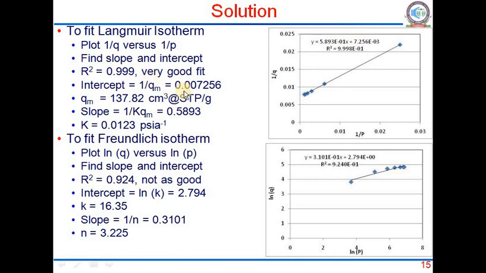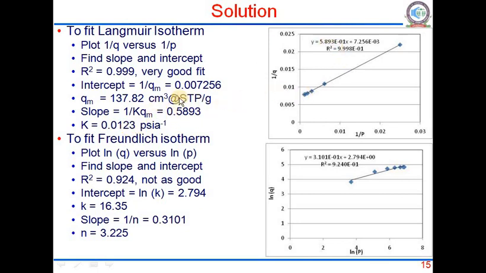So 1 by Qm is 0.007256 here, which means Qm will be the reciprocal of this: 137.82 centimeter cube of methane adsorbed, measured under STP condition, per gram of the adsorbent. Slope means 1 by KQm. If you work it out from here, K would be 0.0123 psi inverse.